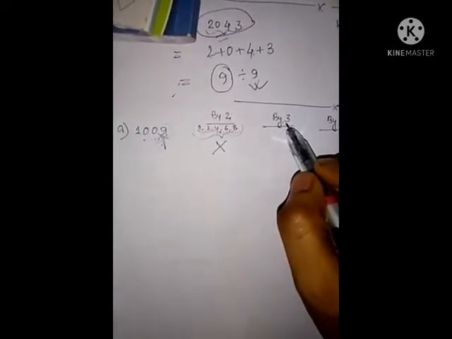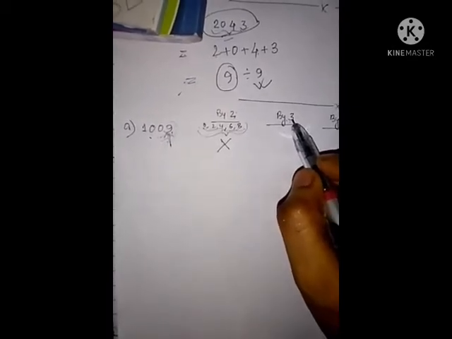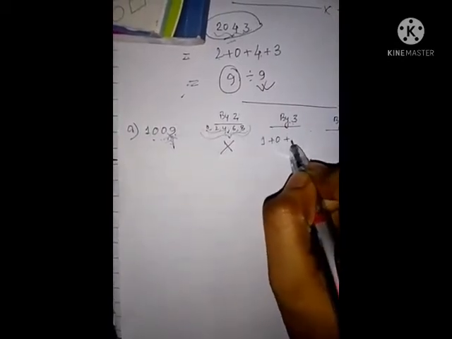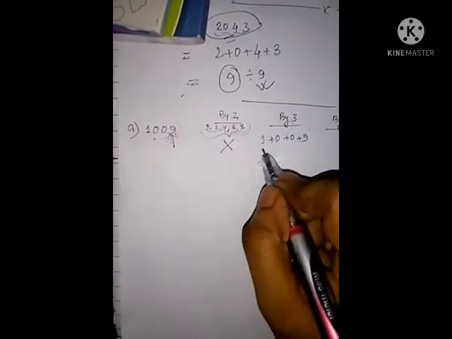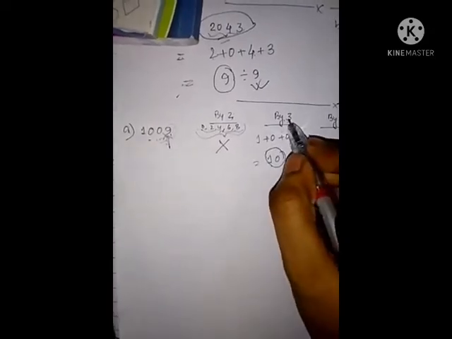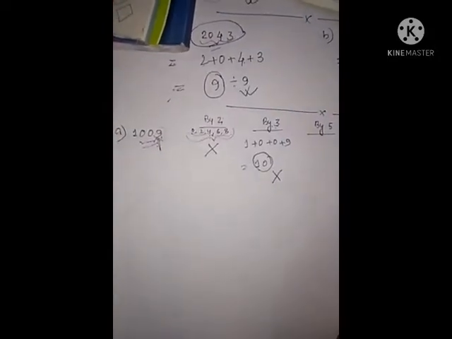Understand? Again we are going to check whether 1009 is divisible by 3 or not. To check divisibility by 3, we have to find the sum of each of the digits, which is 10. We know that 10 is not divisible by 3. Therefore this number is not divisible by 3. Okay?